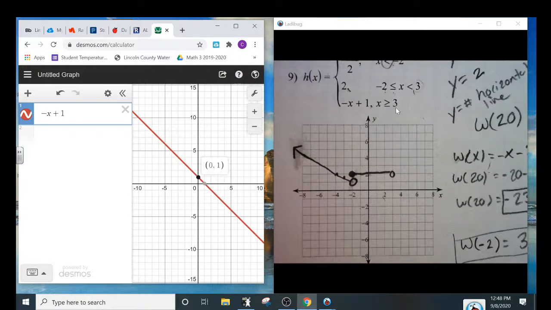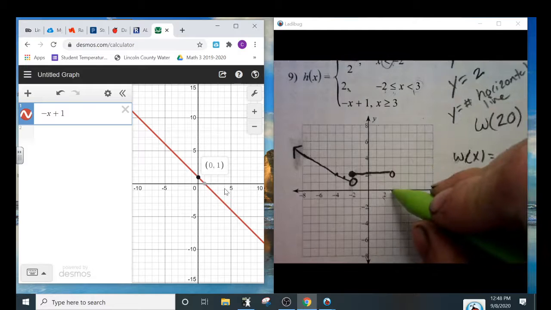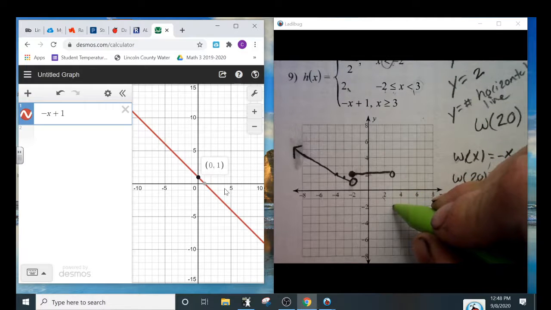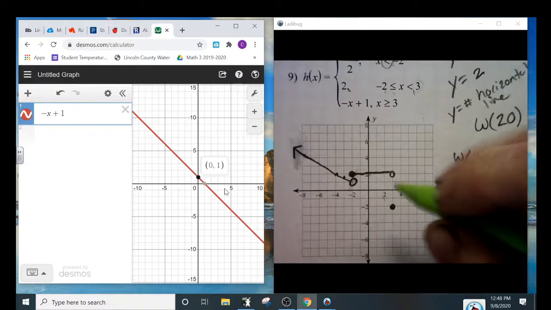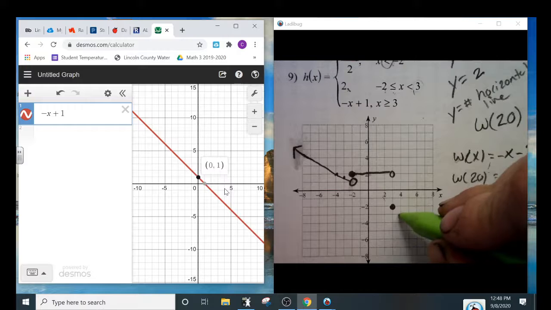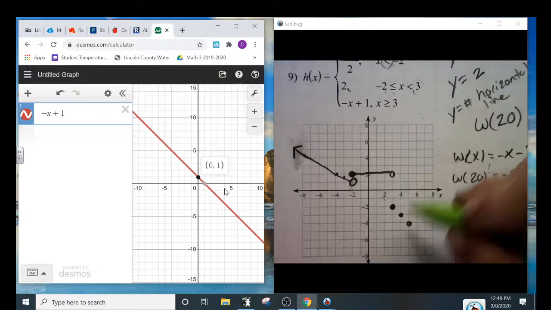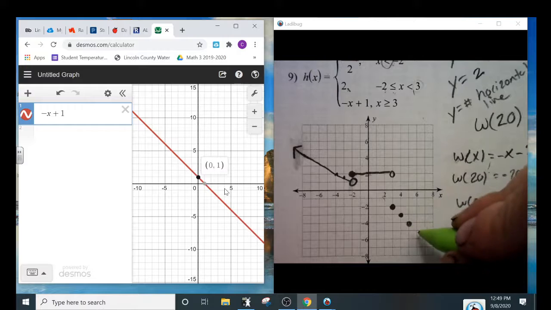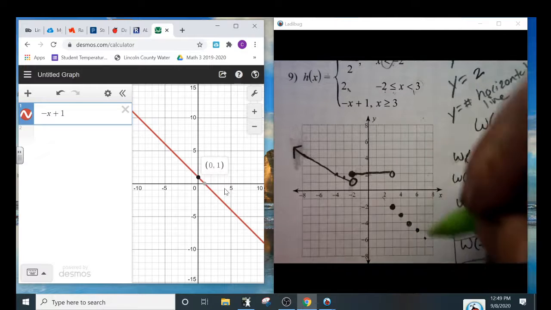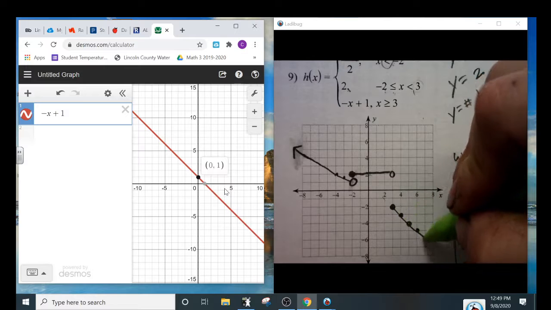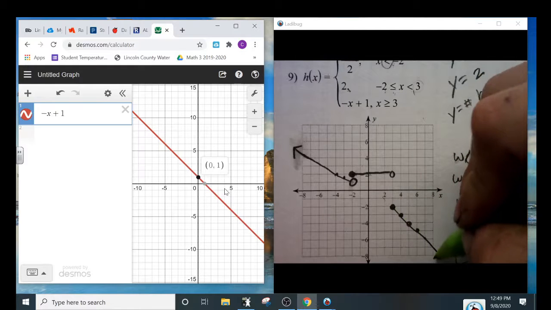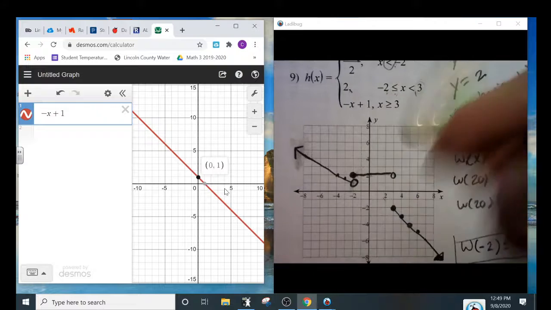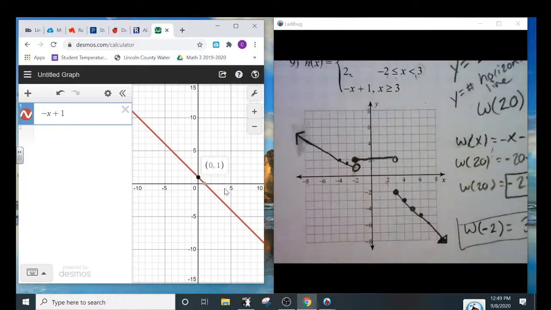Guys, now we're going to start when x is 3. So 1, 2, 3. When x is 3, y is negative 2. When x is 4, y is negative 3. When x is 5, y is negative 4. That's your piecewise function. Okay?